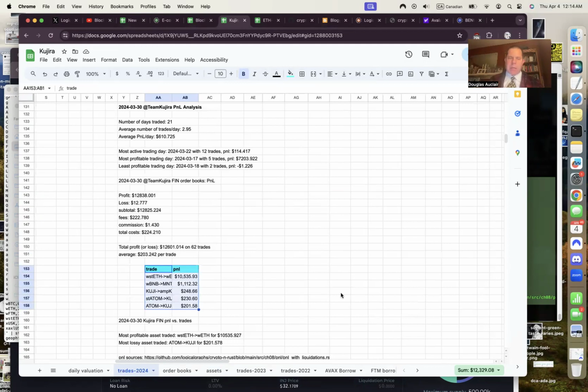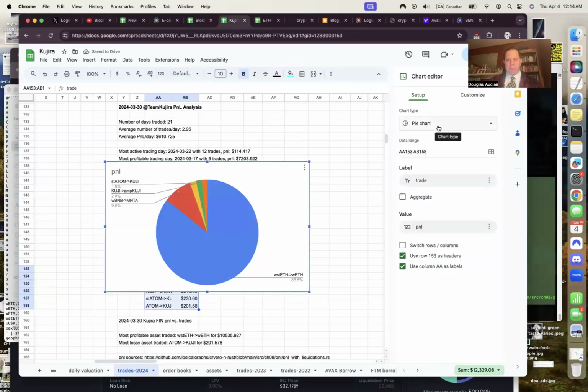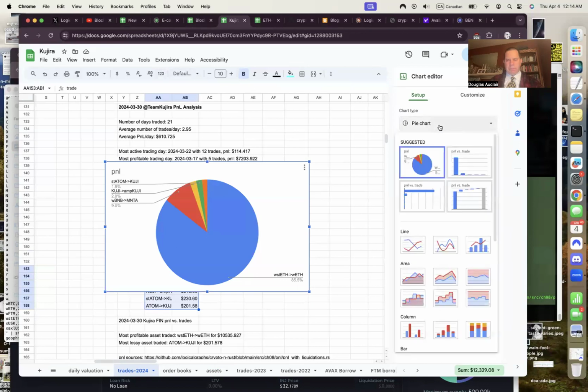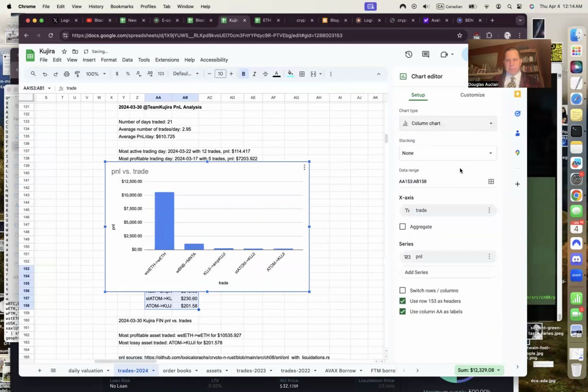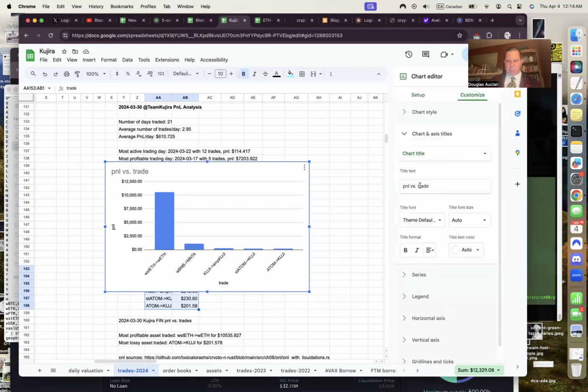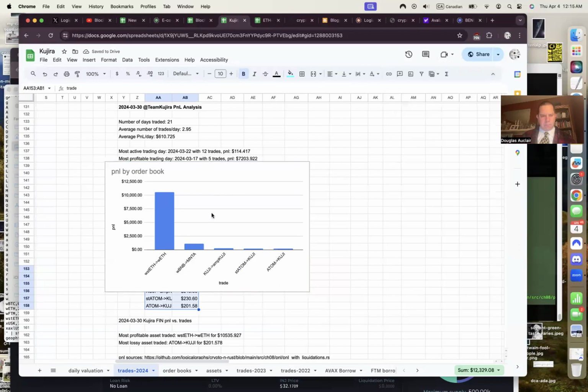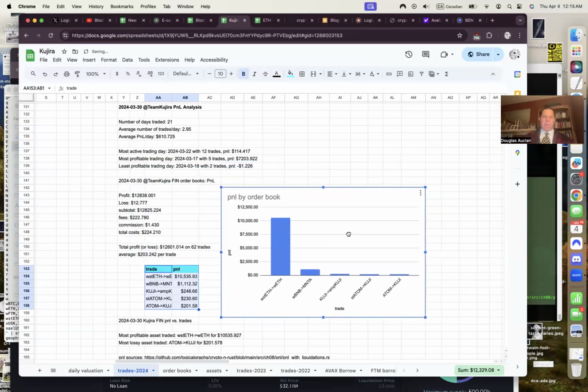Let's do the most actively traded by asset. Okay, so it bears out.